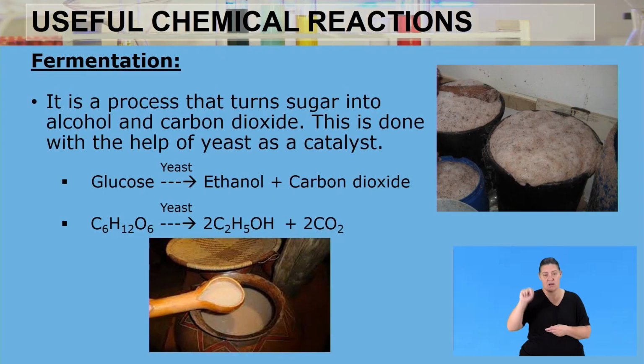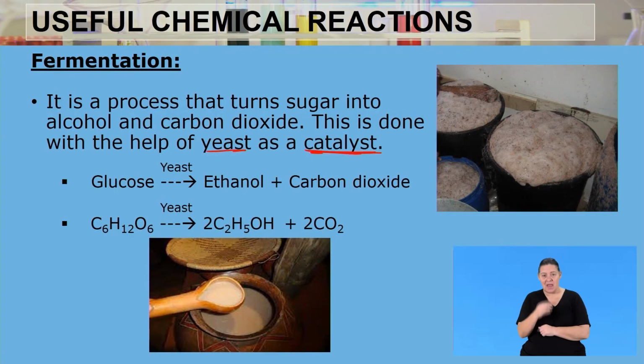Our next useful chemical reaction is fermentation. What is fermentation? It is a process that turns sugar into alcohol and carbon dioxide, and this is done with the help of yeast as a catalyst. Remember, a catalyst is a substance that speeds up the chemical reaction. That reaction can be represented using chemical formulae.